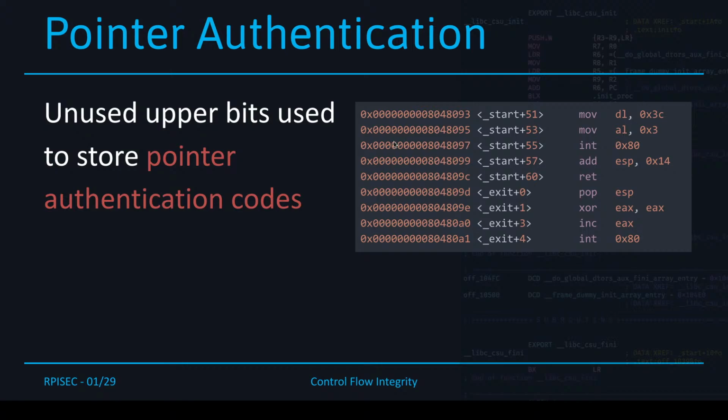But even on a 64-bit system, you're not usually using all 64 bits for your addresses. Usually you still have bits that are unused. And so the idea of pointer authentication is that we can take those unused bits and we can cram some more interesting metadata in there.